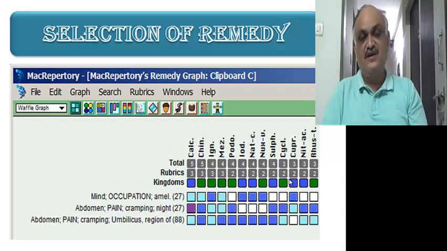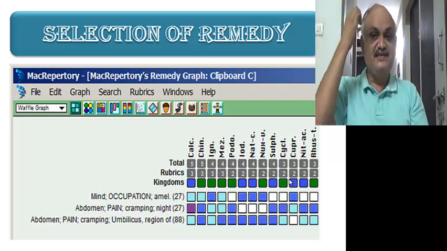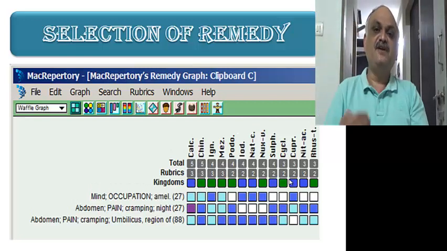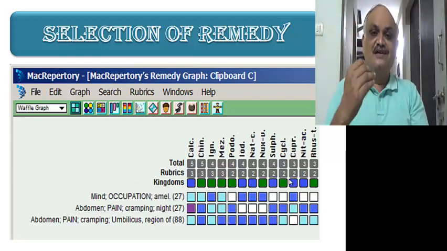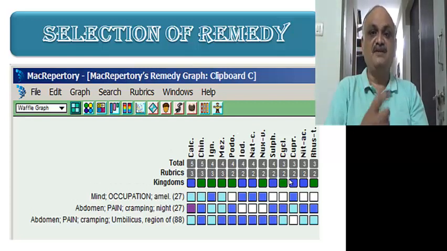They are able to convert the case into rubrics, and even in rubric exercises. So up to this level we have evolved, but for the next step we need to develop ourselves. We need to understand several things, and it's not only for students or beginners, it's also for experienced homeopaths. They also have a lot of difficulties finding the medicine.